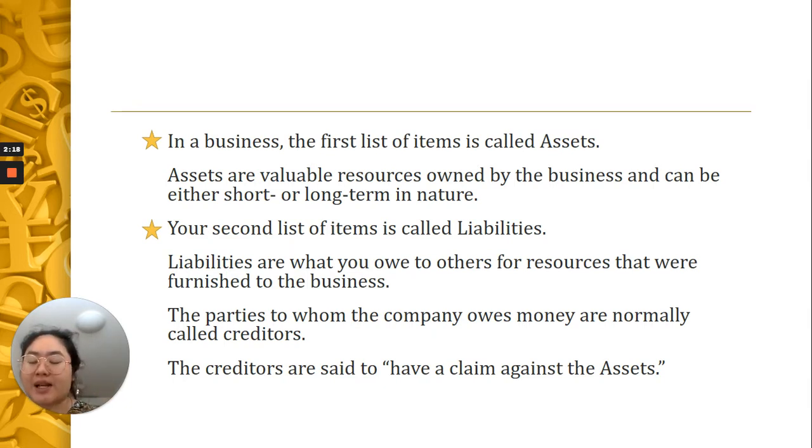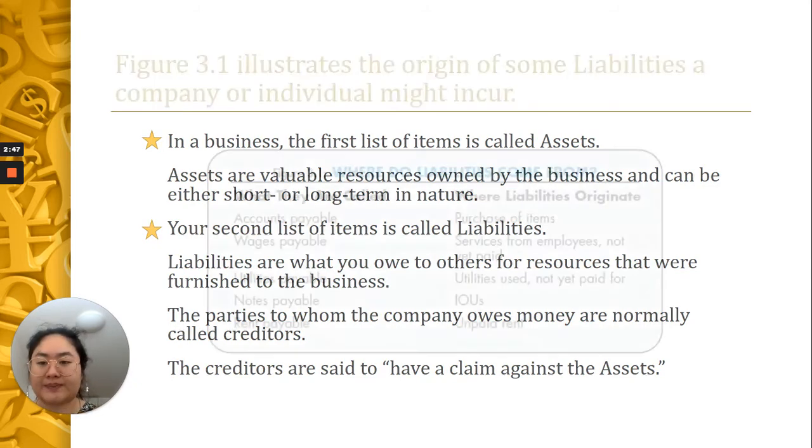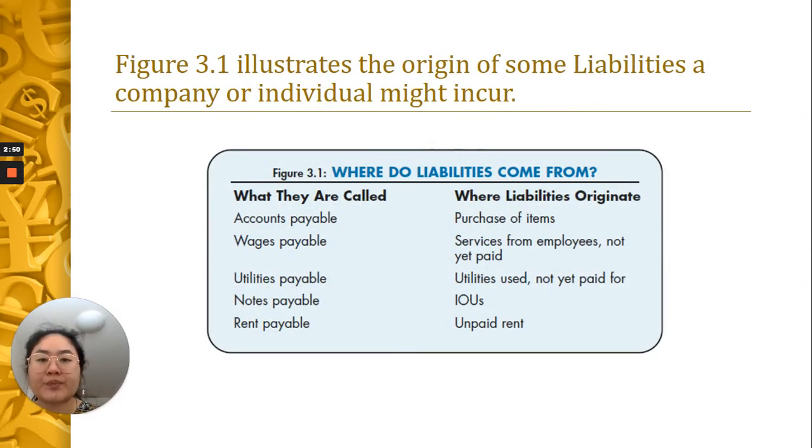The second list of items is called liabilities. Liabilities are what you owe to others for the resources that were furnished to the business. The parties to whom the company owes money are normally called creditors, and the creditors are said to have a claim against the assets.